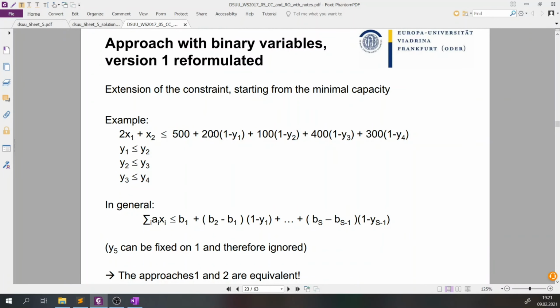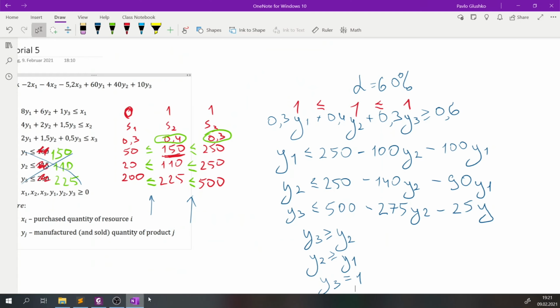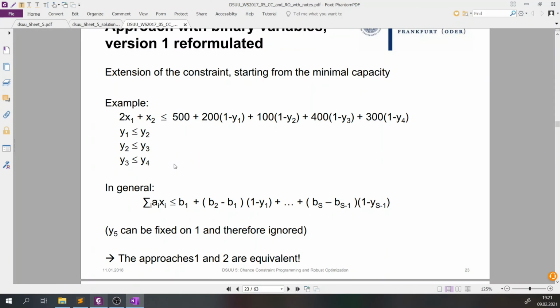So here, instead of starting with the largest parameter value, since it's a less or equal constraint, here we start with the smallest one, and then we add up the values multiplied by 1 minus the decision variable for the scenario.